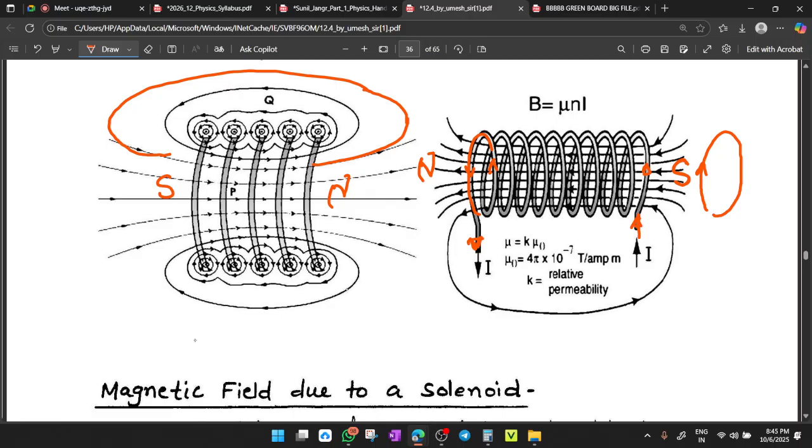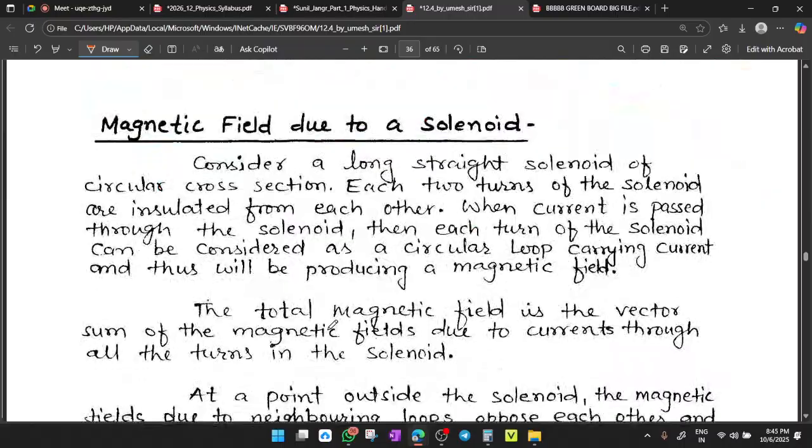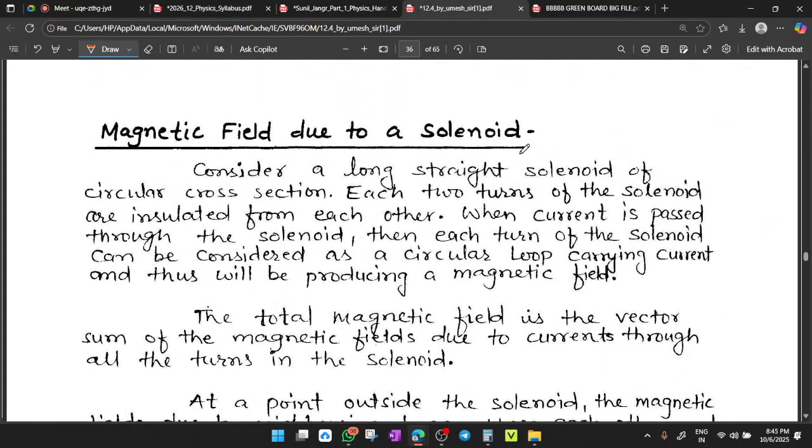If the rotation of current is anti-clockwise, there will be a north pole, and if the rotation of current is clockwise, then there will be a south pole. Understood? So from the north pole, the field emerges out, and at the south pole, it continues inside the solenoid. Right? Any problem?